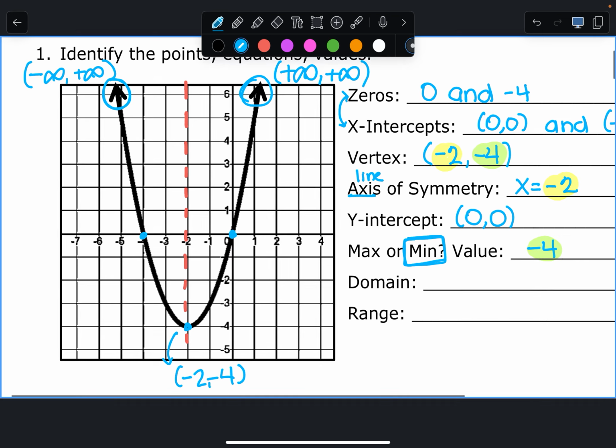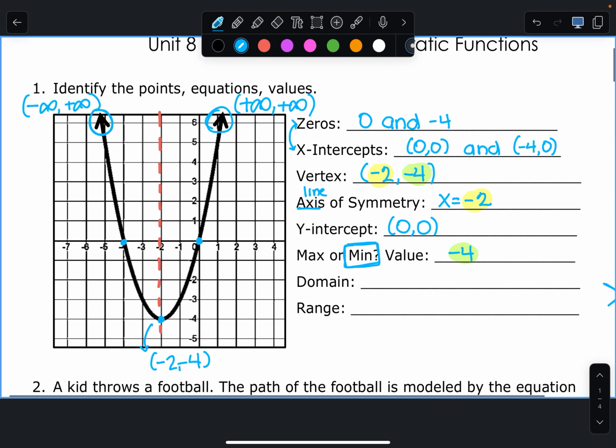Okay. Now, when you're setting up your domain and range, something less than or equal to something less than or equal to something, and the numbers are always listed from least to greatest, minimum to maximum.